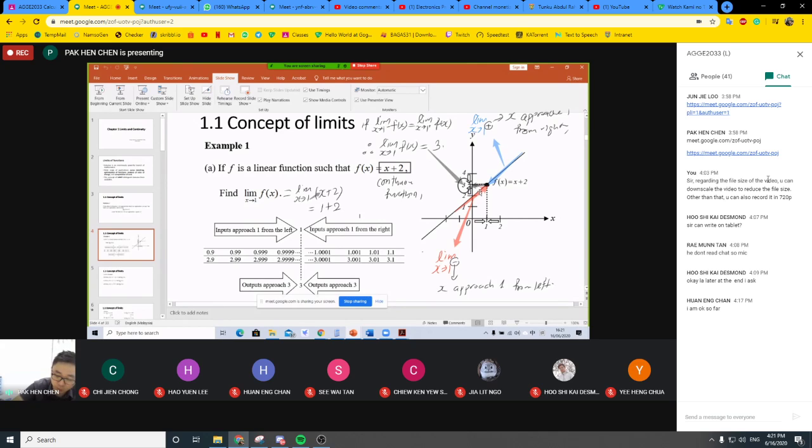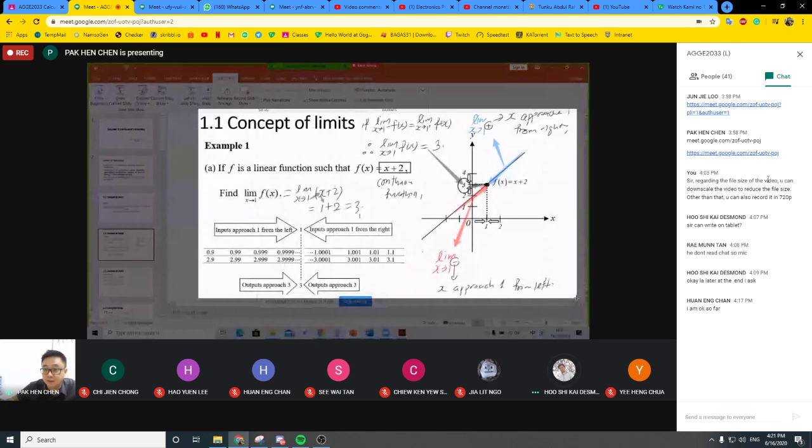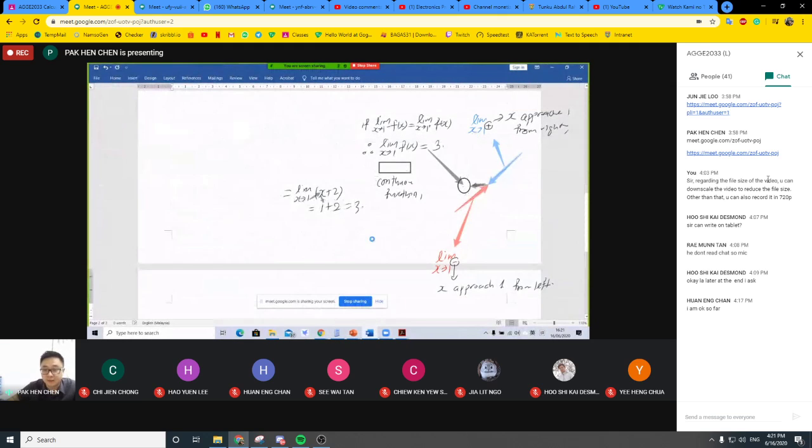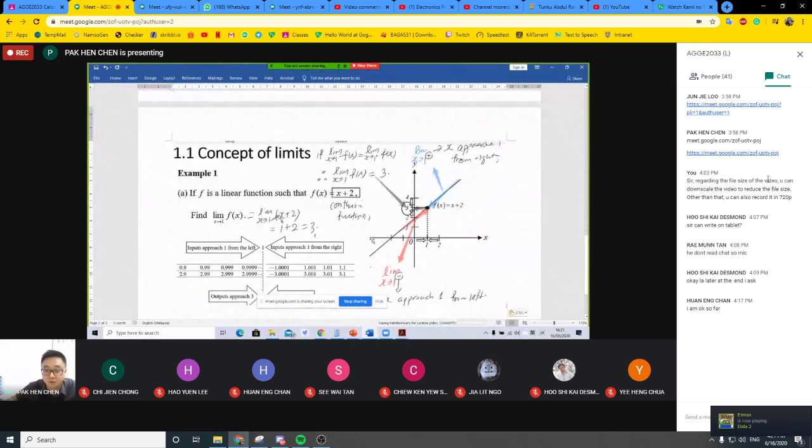Substitute x equal to 1 into it, then we get 3. Understand? Okay, thank you, sir. Yes, okay. So if you have any question, please feel free to ask, so that I can have a further discussion.